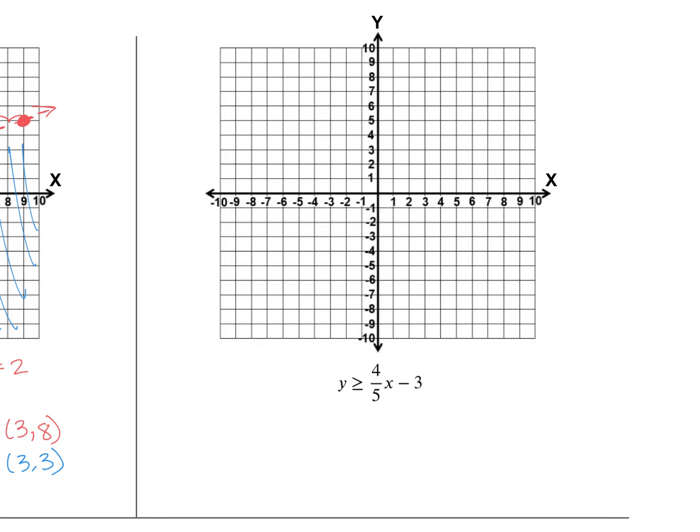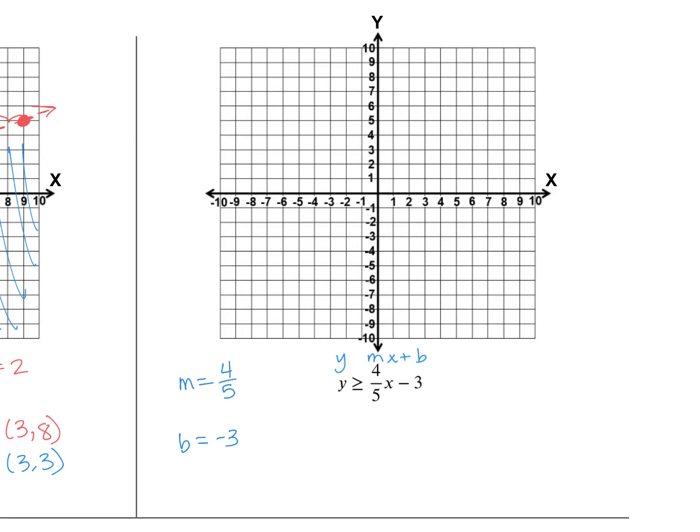So we move on to finding the y-intercept and the slope. So our slope here, again, this is in that slope-intercept form. Our slope is going to be 4/5. Our b value is -3.